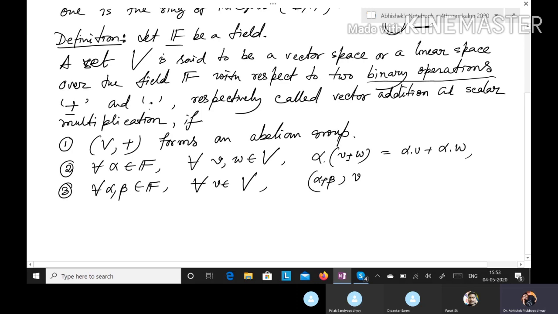So (alpha plus beta) dot v is going to be alpha dot v plus beta dot v.